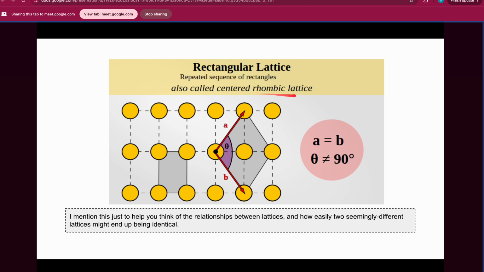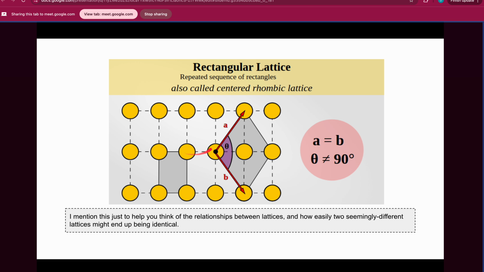If we talk about the centered rhombic lattice, it is also generated from the rectangular lattice only. If a crystal has a rectangular lattice, there is a possibility that we can also generate the centered rhombic lattice. It is just up to us how we see it.